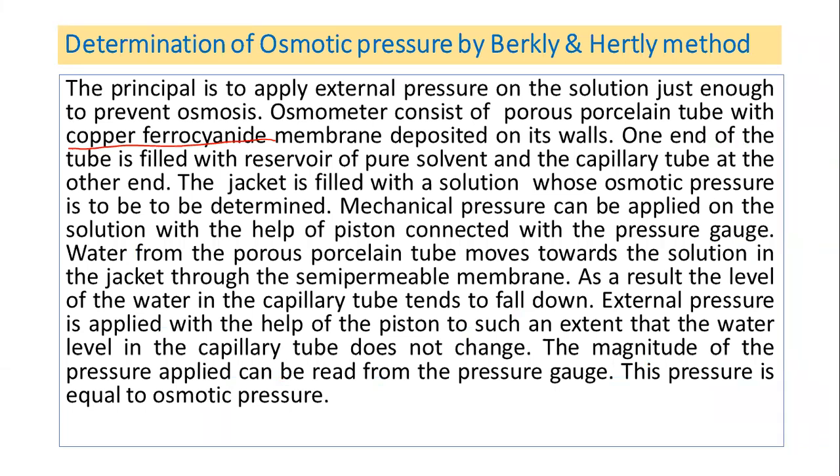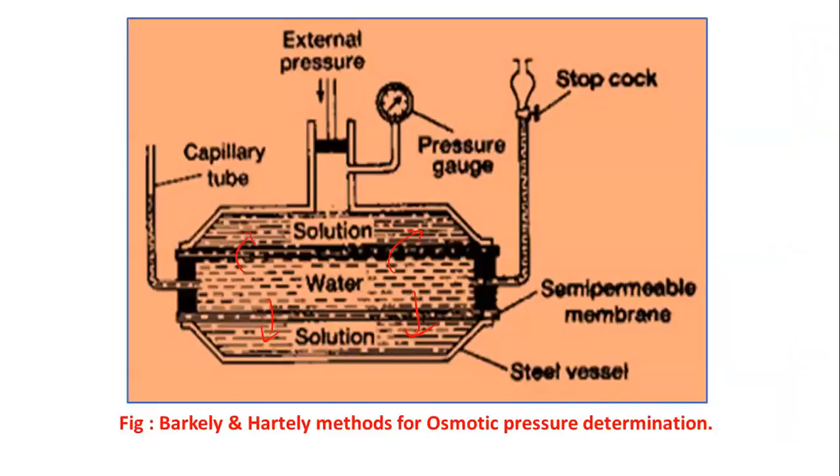As a result, the level of the water in the capillary tube tends to fall down. What happens due to this? Initially we can see the level of the water in the capillary tube here. At a certain level, we have to fill the water through this reservoir into this compartment.